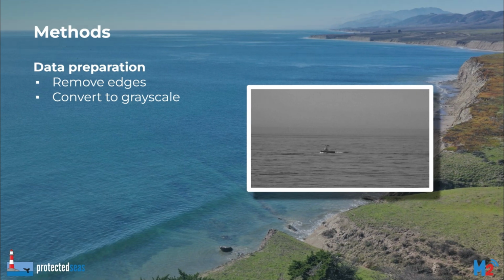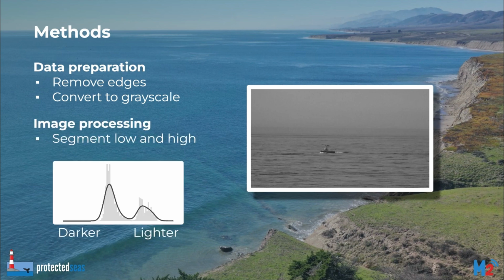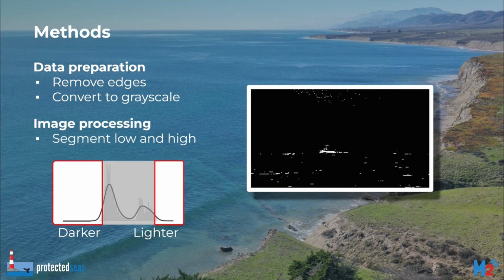Vessels typically appear darker or lighter than the sea, sky, or land around them. This histogram shows the distribution of darker and lighter pixels in the image. We use traditional thresholding to identify the very darkest and brightest areas of the image. Dynamic thresholding adapted thresholds per image based on the shape of the pixel histogram.